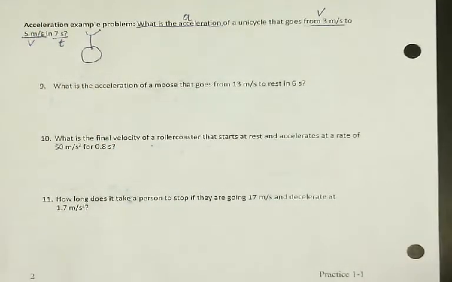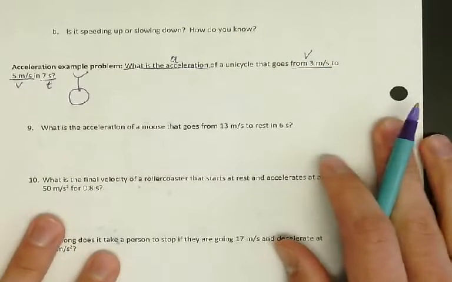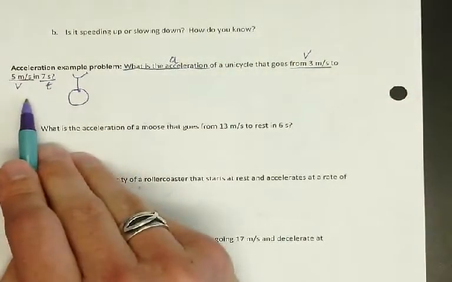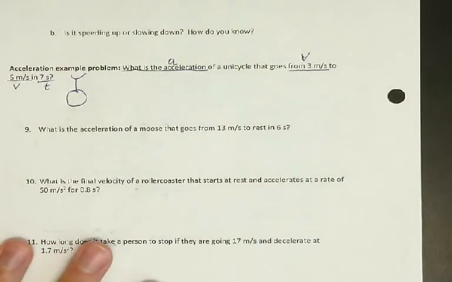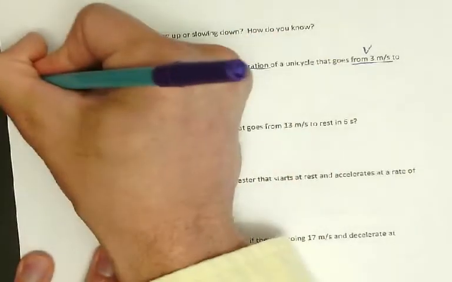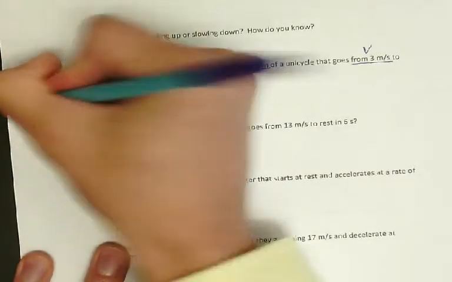And I can't have two V's because if I'm plugging into an equation, how do I plug in two different V values? I just can't do that. So I need to decide which is which. So we're going to define two more terms here, VI and VF.